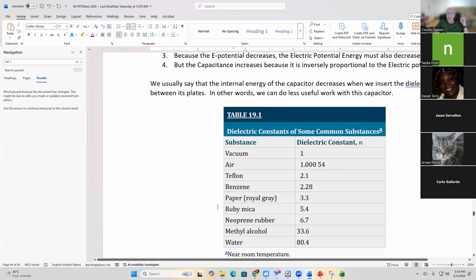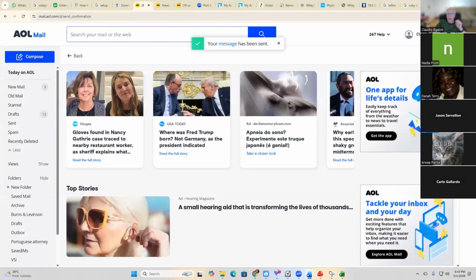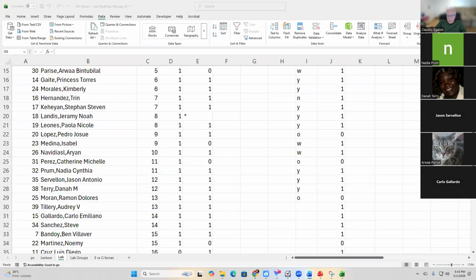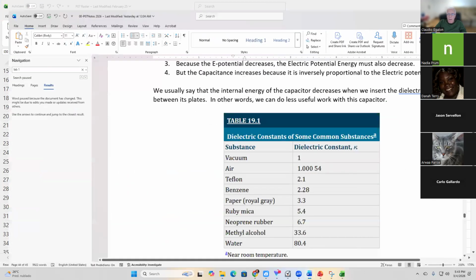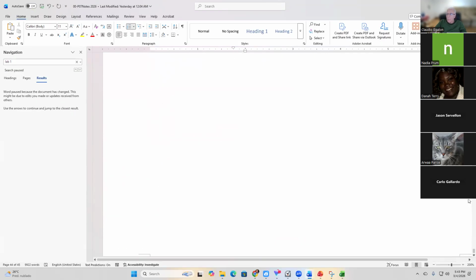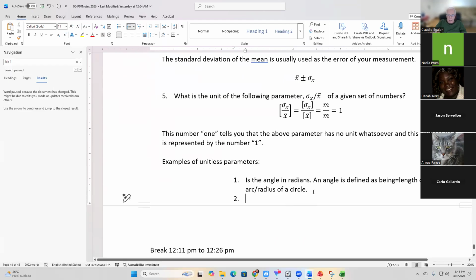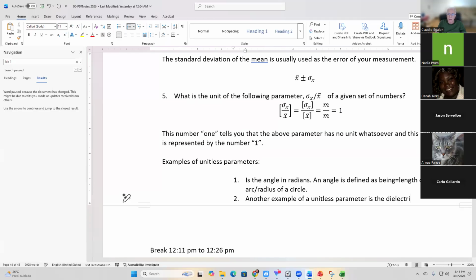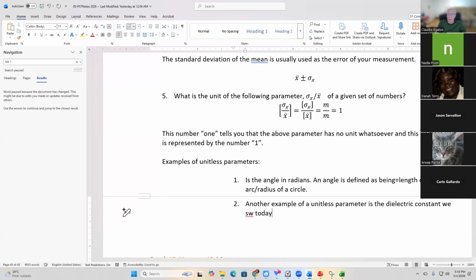The dielectric constant has no unit whatsoever.